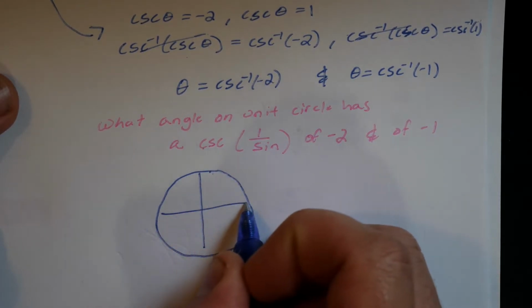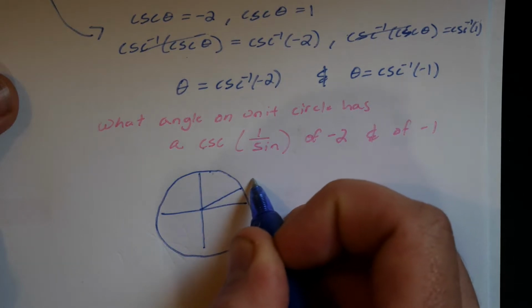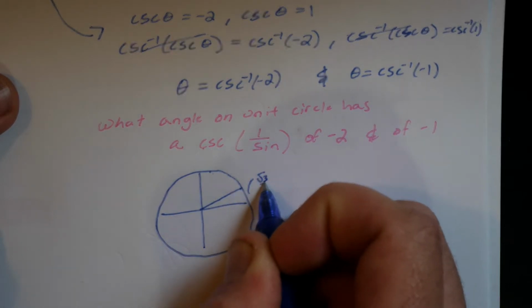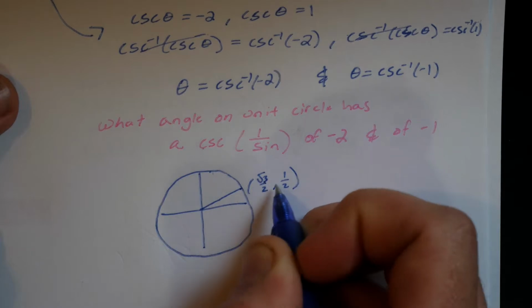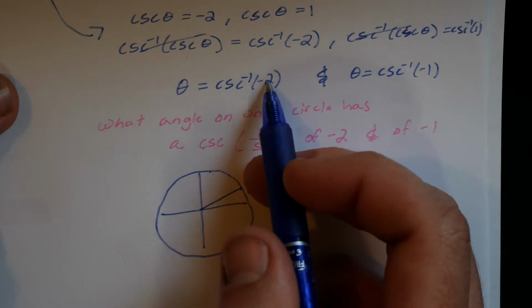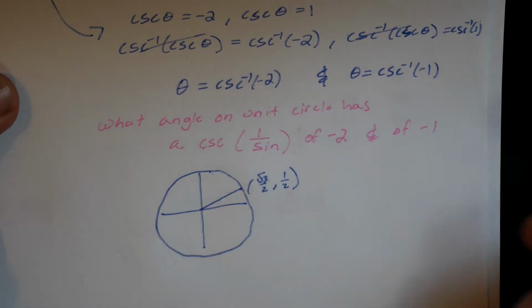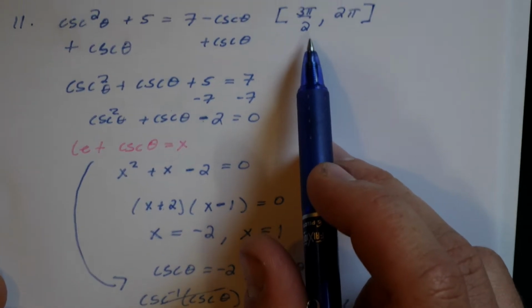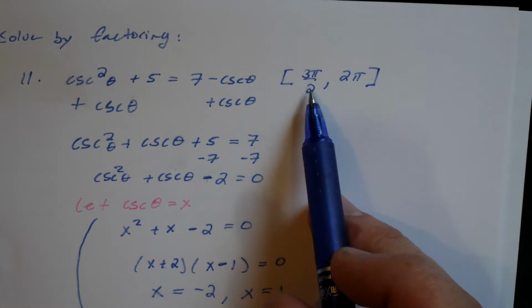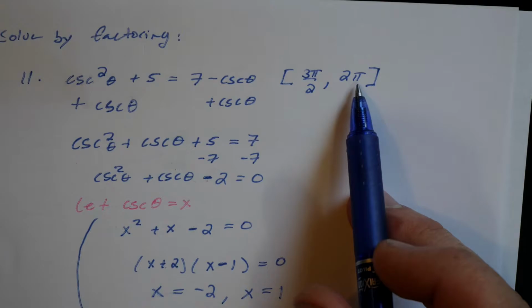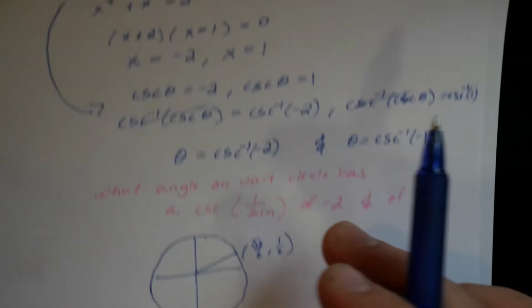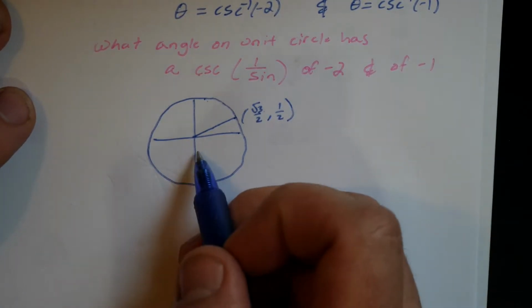Well, let's just start in the first quadrant. We know that this angle right here is √3 over 2 and 1/2. None of those are going to work because I'm negative and I need a negative. Also, if you remember, our domain all the way at the top was 3 pi over 2 to 2 pi. So we know that we have to be in the fourth quadrant.